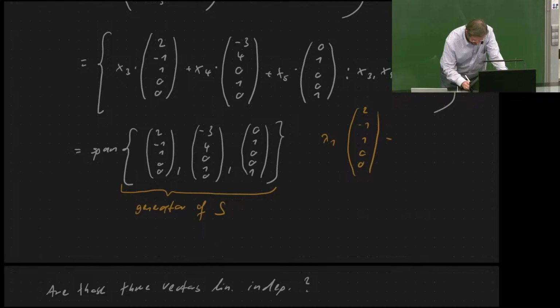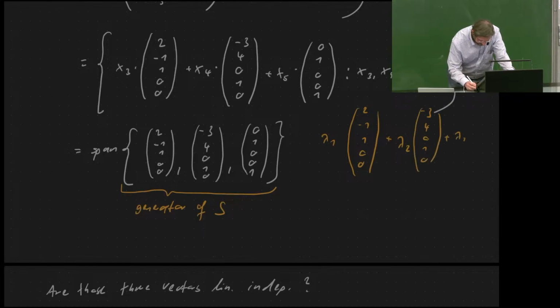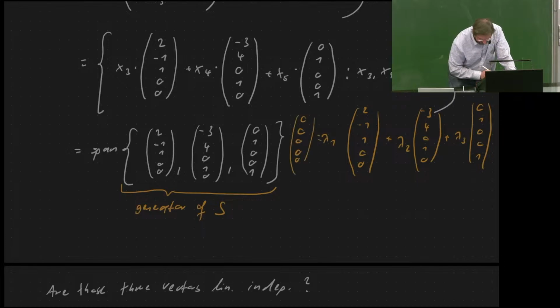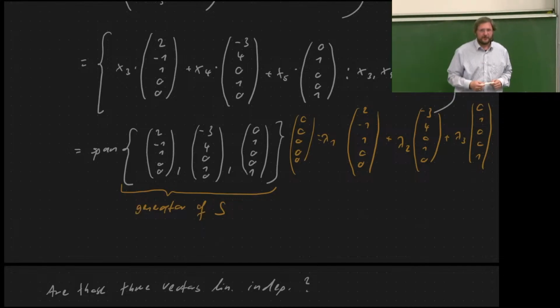Right, if I want to have a linear combination of those 3, equal to the zero vector, 0, 1, 0, 0, 1. And I'll just write that here. So that linear combination has to yield 0.